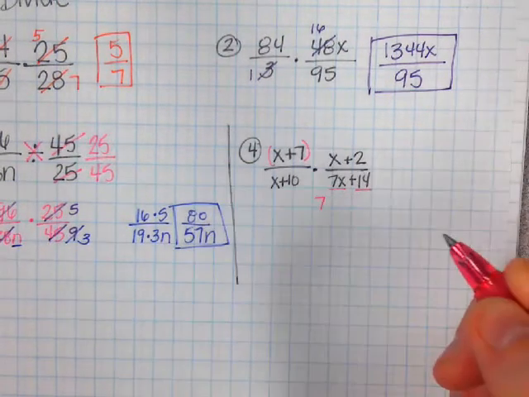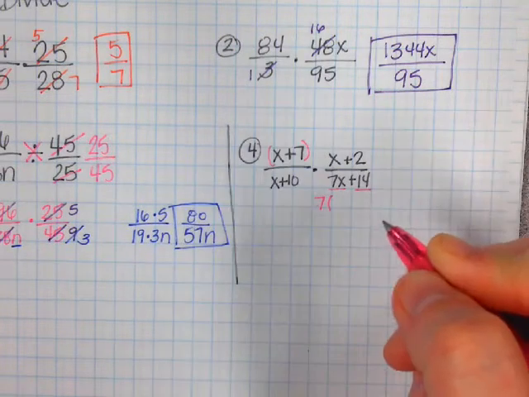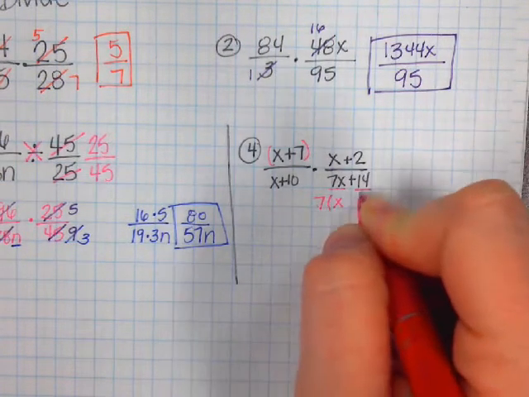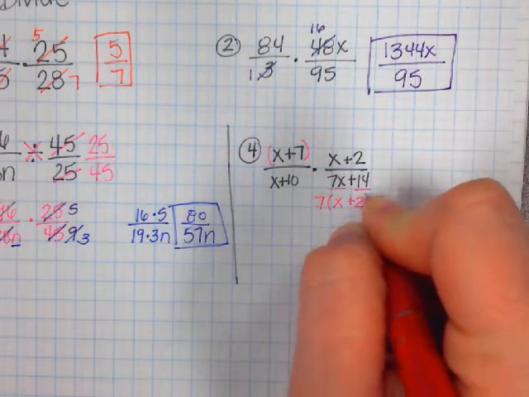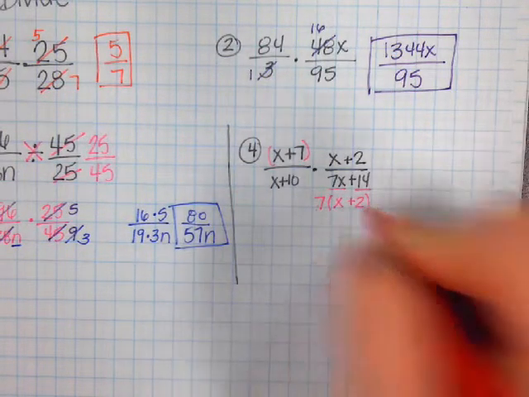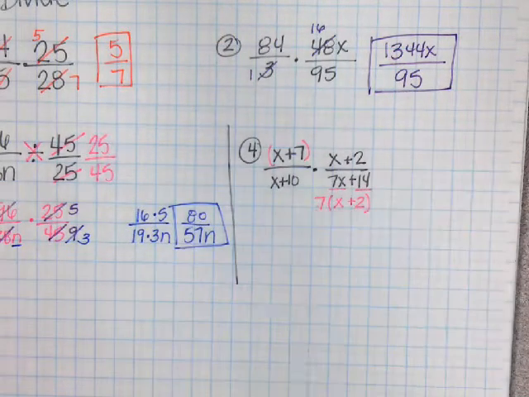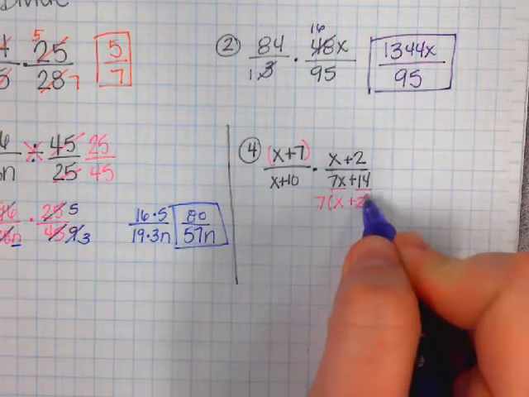So if you look between 7x and 14, 7 goes into both of those, so I'm going to factor out a 7. Then 7 times what gives you 7x? X. 7 times what gives you 14? 2. So it would be 7 parentheses x plus 2.